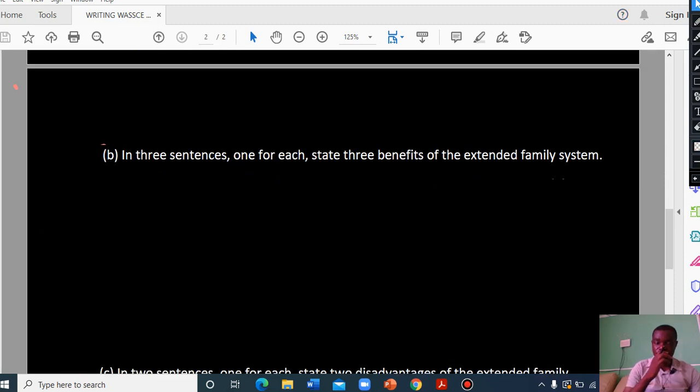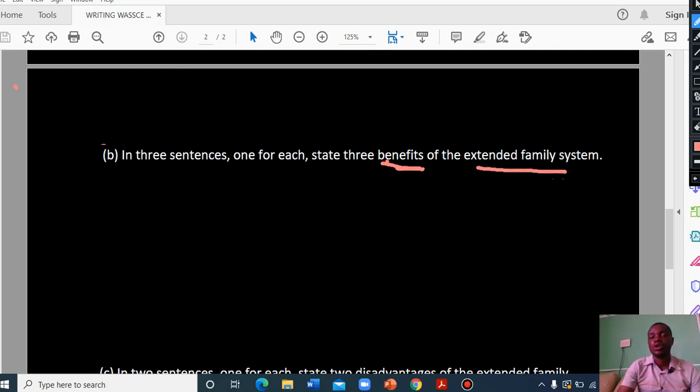So question 2, read the question. In 3 sentences, one for each, state 3 benefits of the extended family system. So the demand of the question is such that we are to look for the benefits of the extended family system.